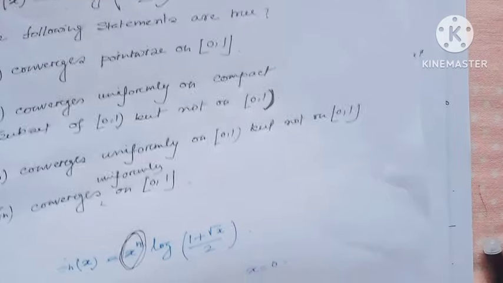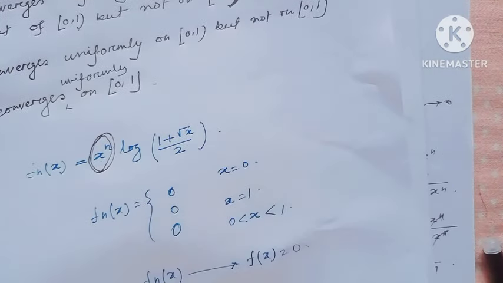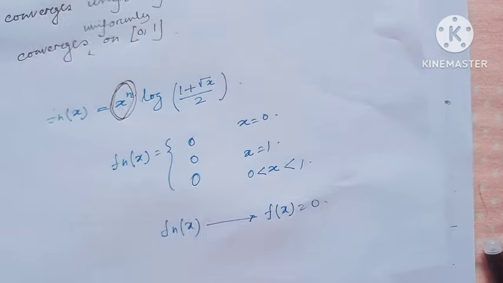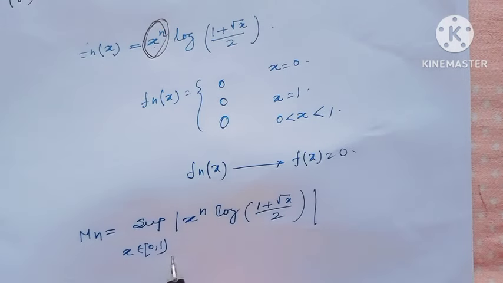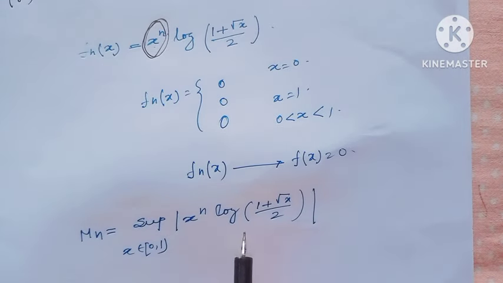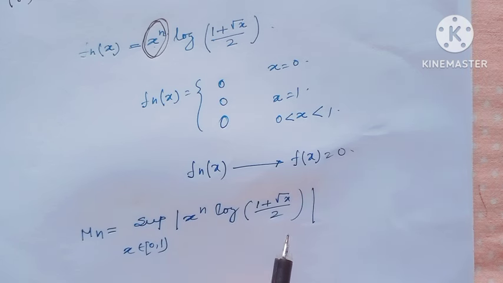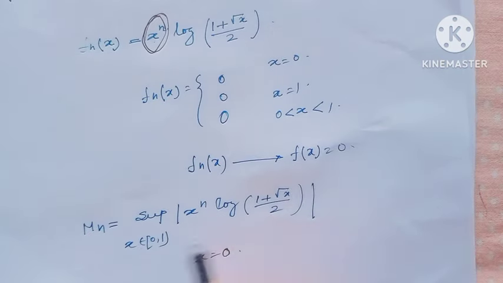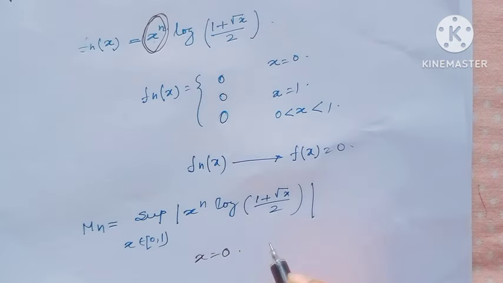Now I will see, is this convergence uniform? For this I will use the Mn test. Mn equal to the supremum over x in [0, 1] of x^n log((1 + √x)/2). When x equal to 0, this value is equal to 0.